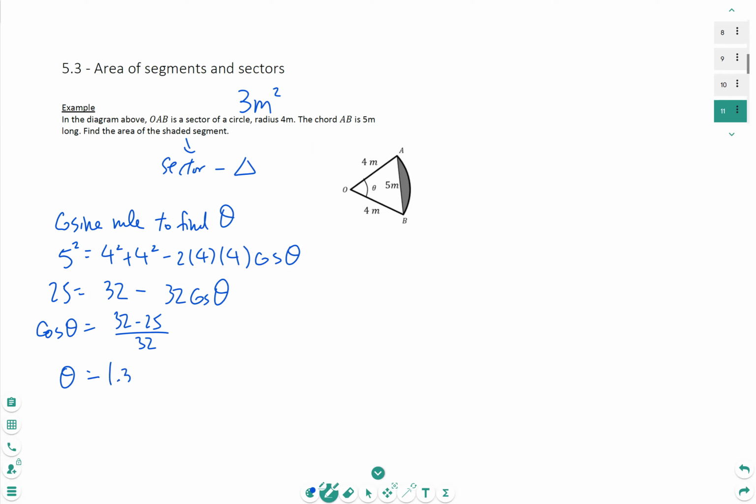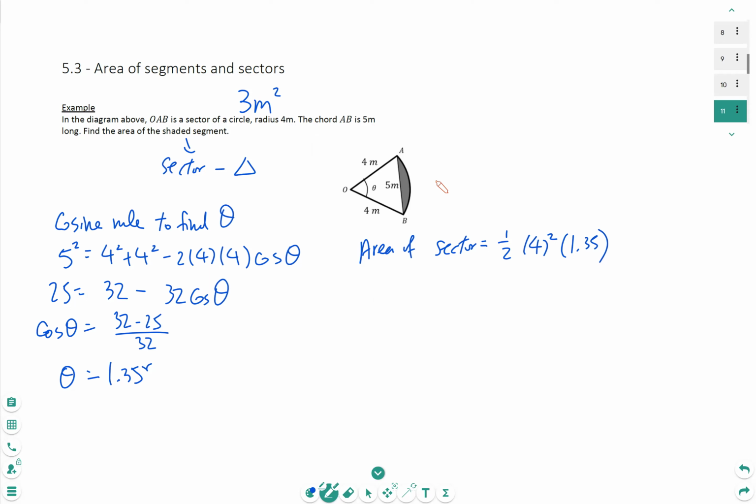Therefore, the area of the sector equals half r squared theta, which is 0.5 times 16 times 1.35.